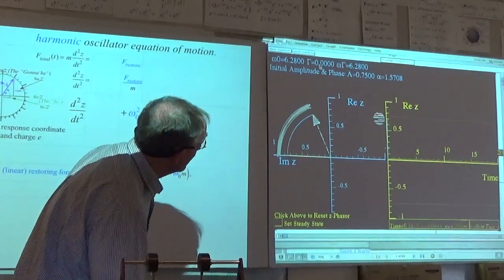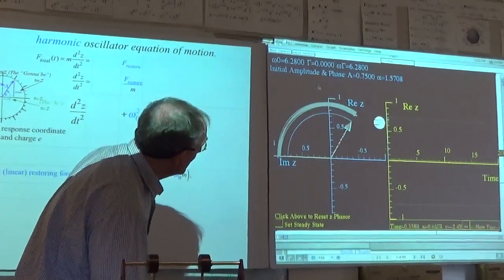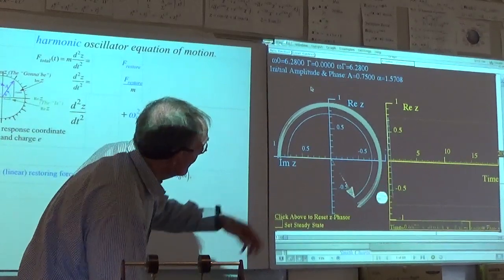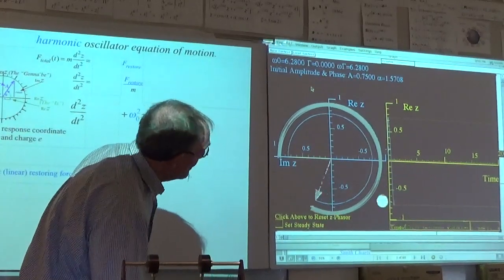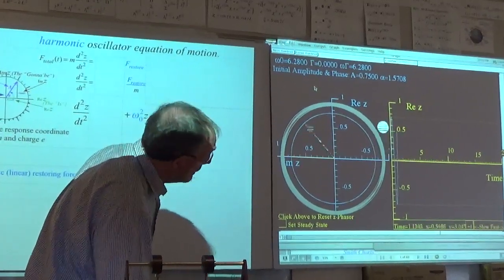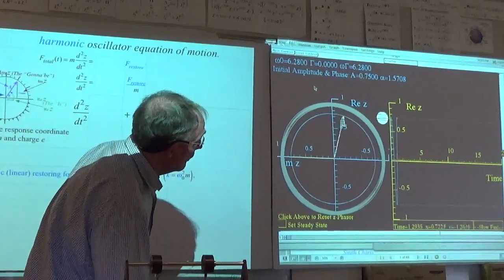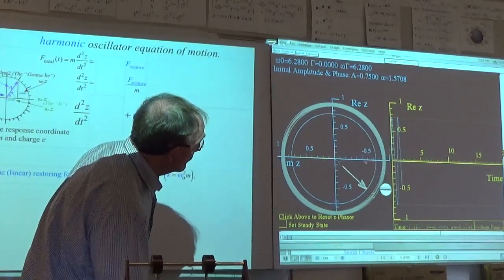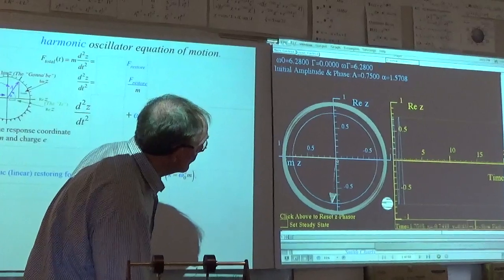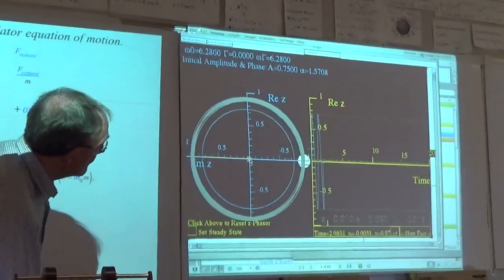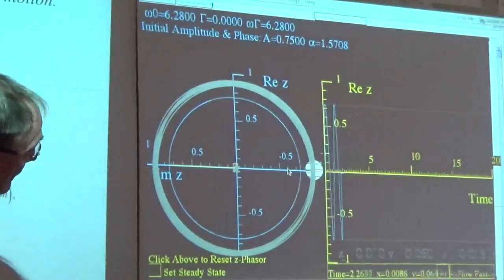So here's the phasor going to a certain point, and you see the cosine part being plotted. Actually, it is a sine because I started it at 0, but I can start it anywhere. I could, for example, take the thing to the center, let the time run a little bit, and then start it out right here.